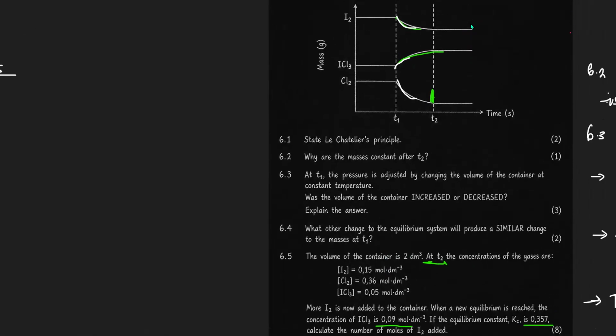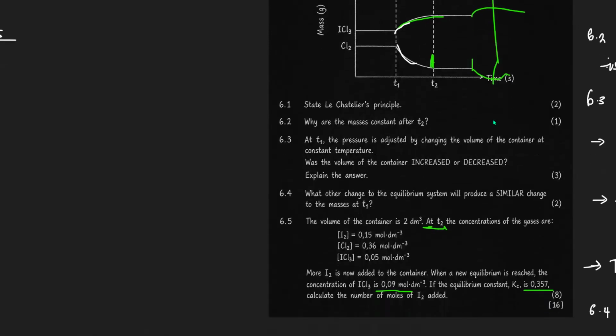When more I2 is added, it's going to increase, and this one will go and favor the forward direction. So we need to reach a new equilibrium somewhere there. A new equilibrium was reached after that.